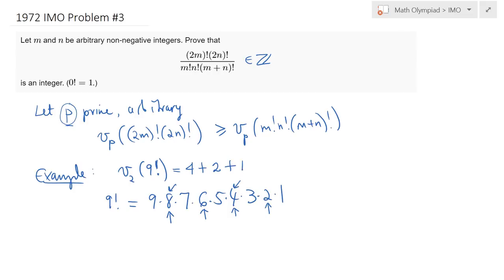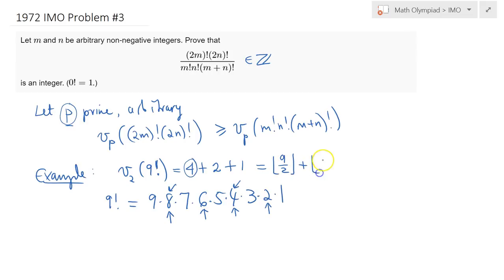And that's the answer. But when you think about it, it's possible to express this in a nice way. That 4 here, which means how many even numbers? Well, all we did is calculate 9 over 2 and then take the floor of that, right? So that's the number of 2's in the numbers less than 9 that are divisible by 2.